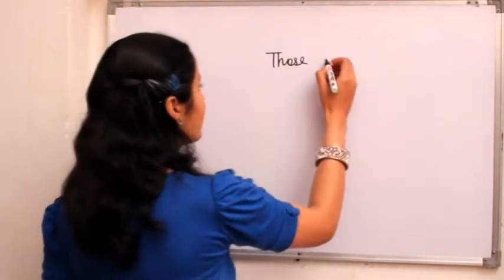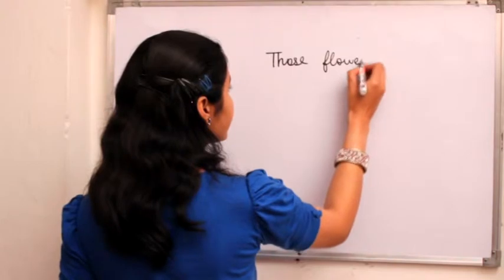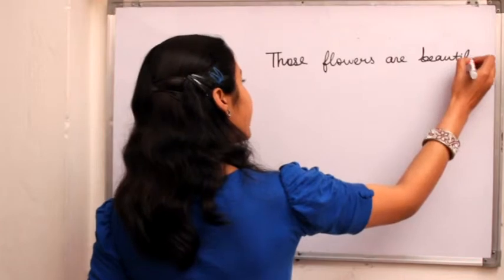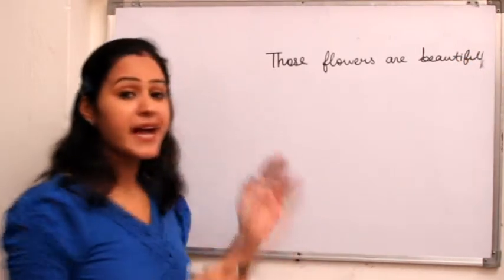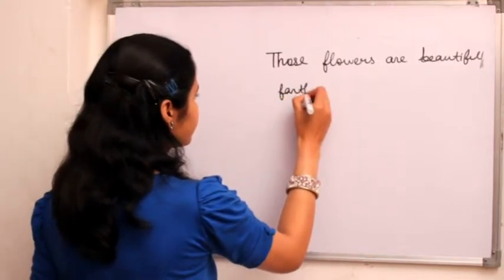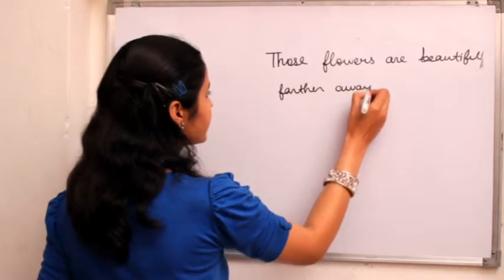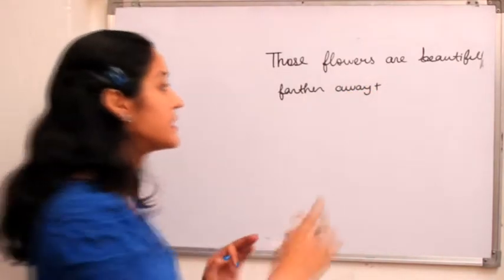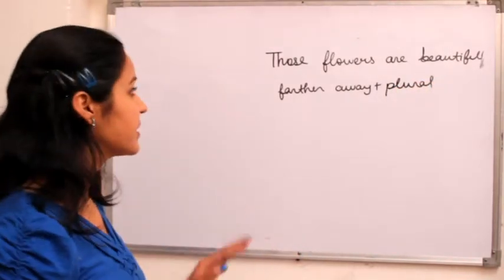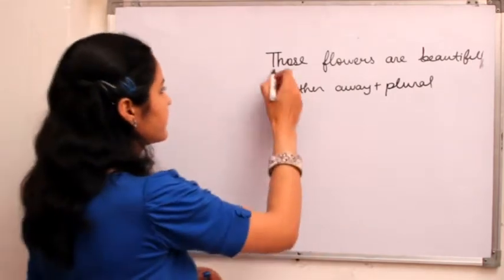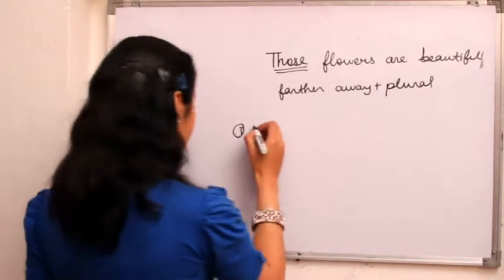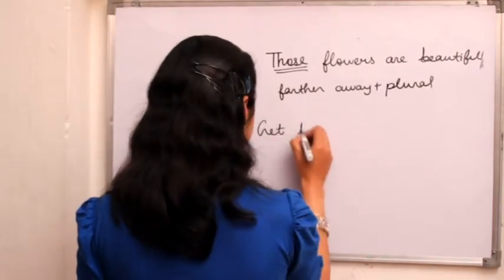If I write those flowers are beautiful, it means that they are further away and counted as plural. There are a number of flowers, so it is counted as plural. So this is about those.